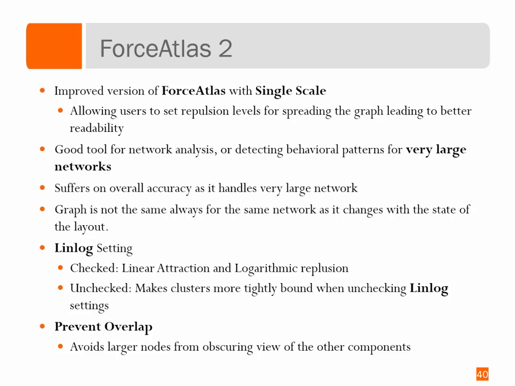It's an improved version of the Force Atlas with a single scale, and it allows users to set the repulsion levels. Remember, the repulsion levels is where we have the two similar poled magnets that push away from each other for spreading the graph, leading to better readability. So it's a good tool for network analysis or detecting behavioral patterns for very large networks.